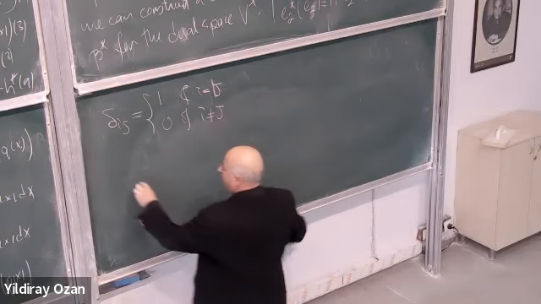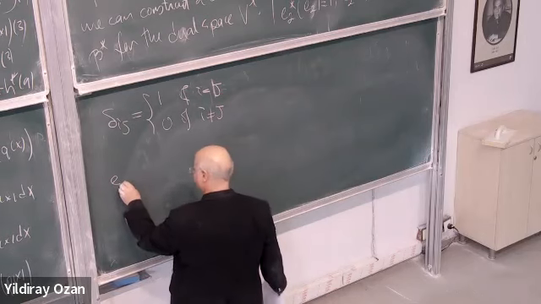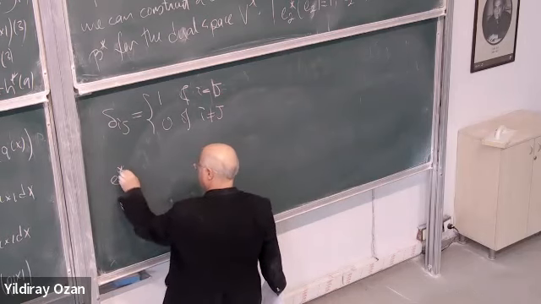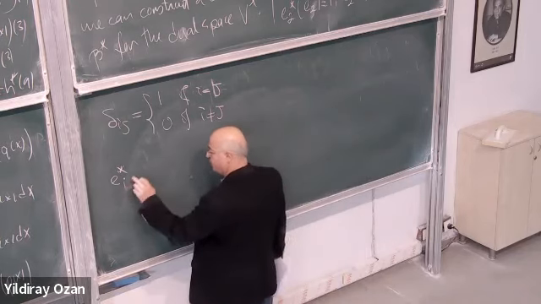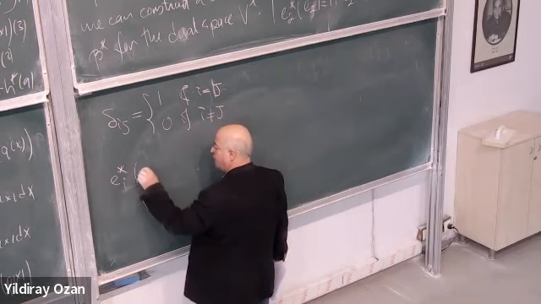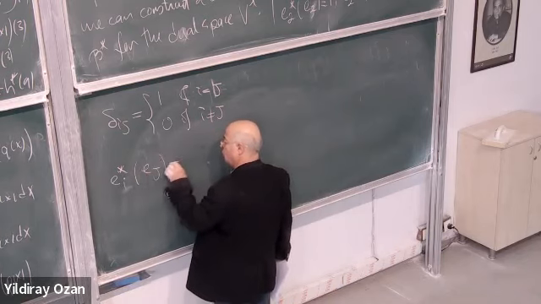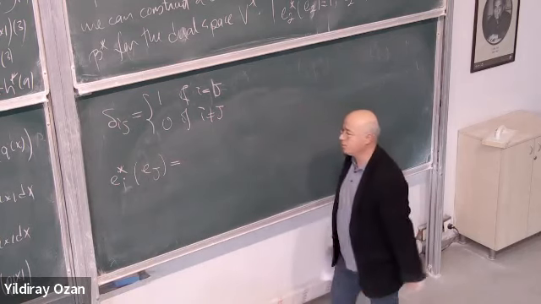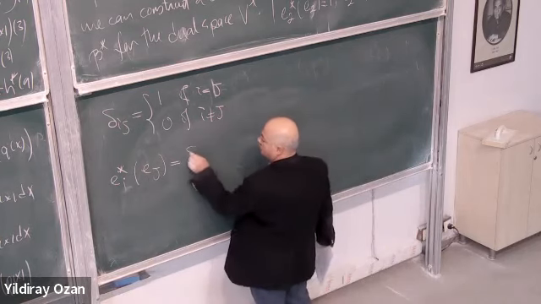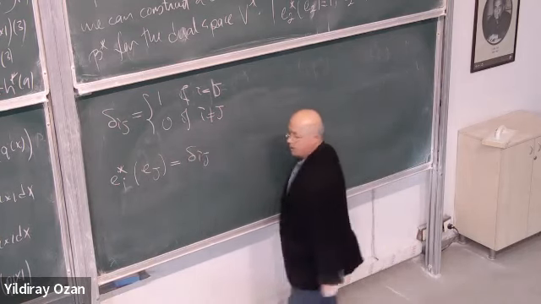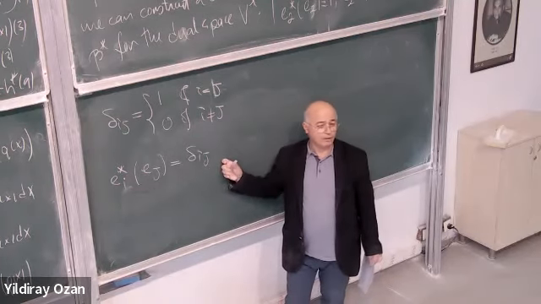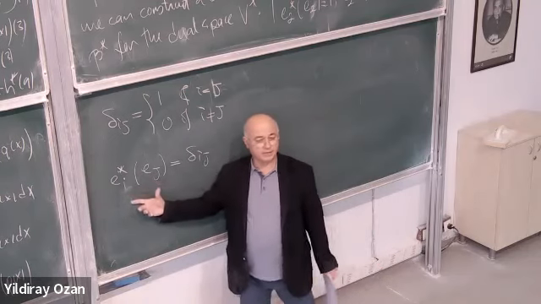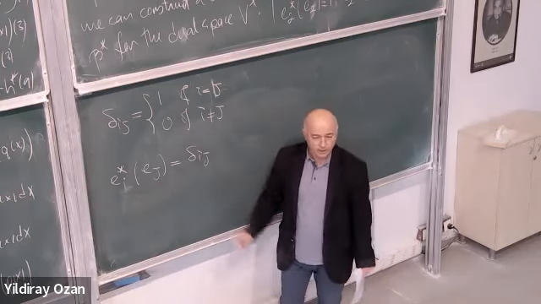So the way we may define these new elements is that Ei star evaluated on Ej, the basis element, is just delta ij. So if they are the same, it takes the value 1. Otherwise, it takes the value 0.